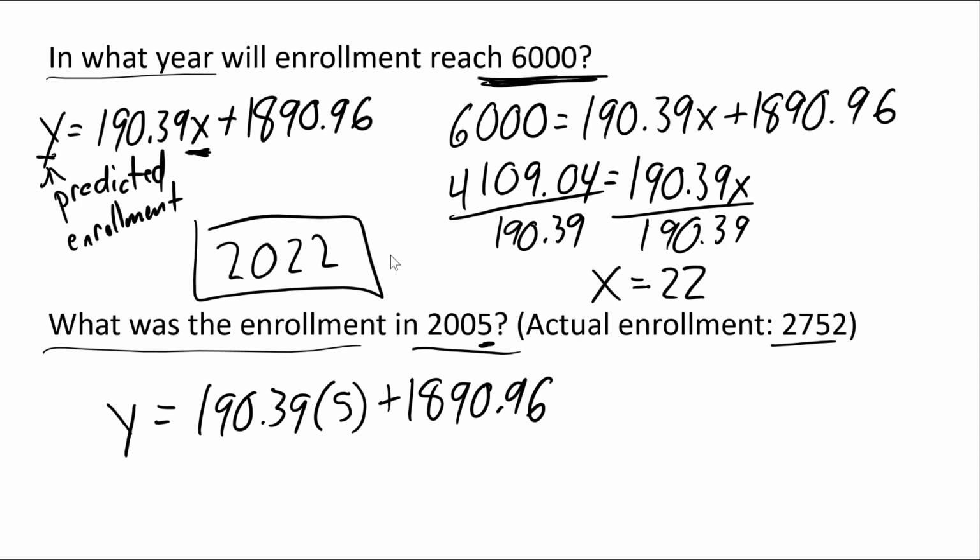And so if we solve for y there, if we multiply 190.39 times 5 plus 1,890.96, we get 2,843, which is not terribly far from the actual enrollment, but is a little off. But anyway, our regression line is not perfect, but that is our predicted enrollment for 2005.